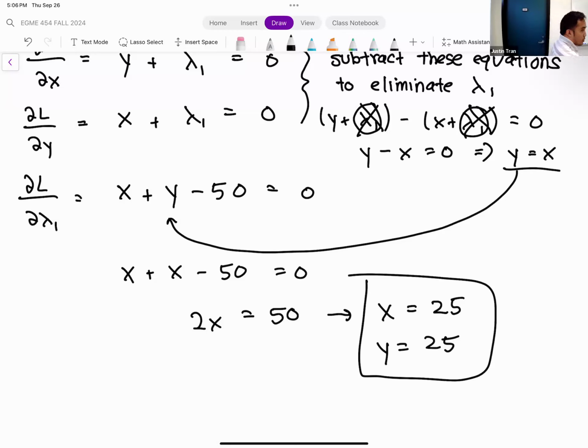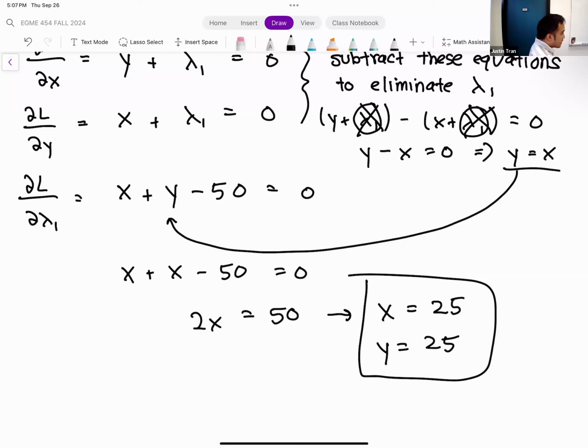So that is our optimal solution in the case where the first constraint is binding. All right, any questions on how we solve that system here? Okay, cool. So we have this optimal result. This makes a lot more sense, right? It's not 0, 0. We have 25, 25, which is going to give us a much higher value than before. But before we stop here, let's check to make sure that this actually satisfies all the constraints.